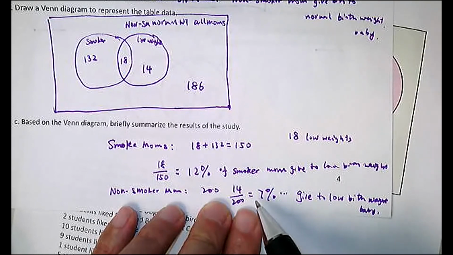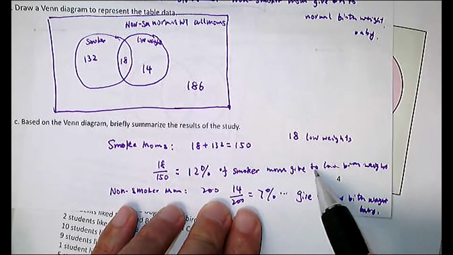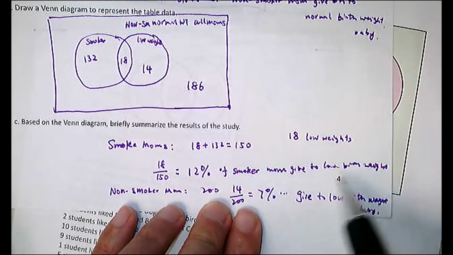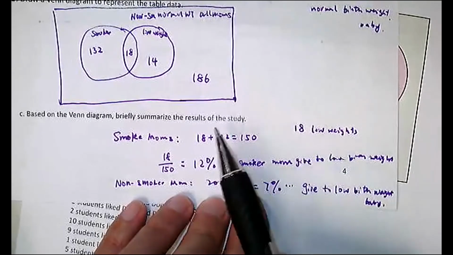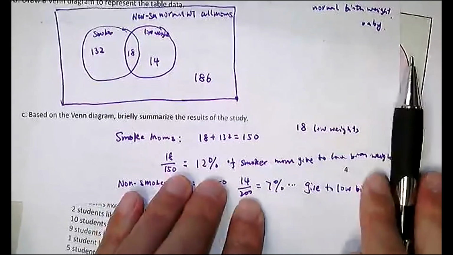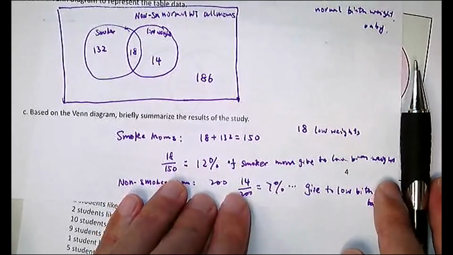So that's the point: if you are a smoker mom, you are more likely to give birth to low birth weight babies. That's the result of the study. That's it. Does anyone have any questions?